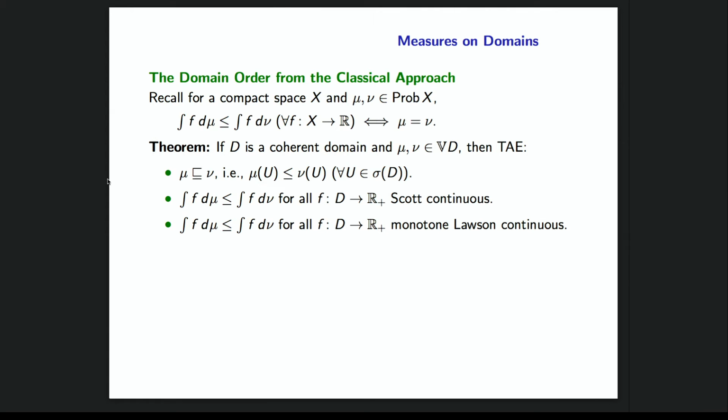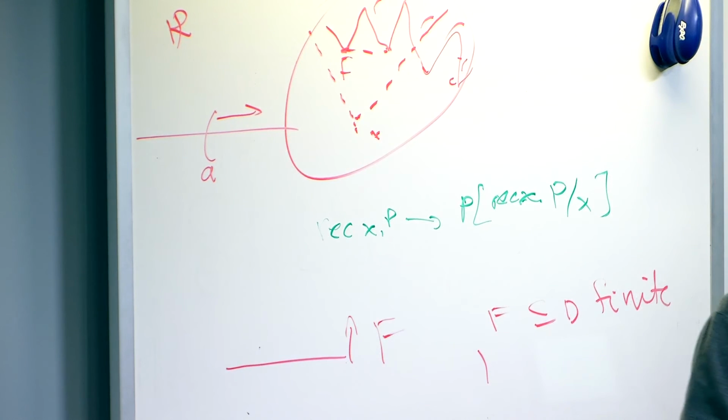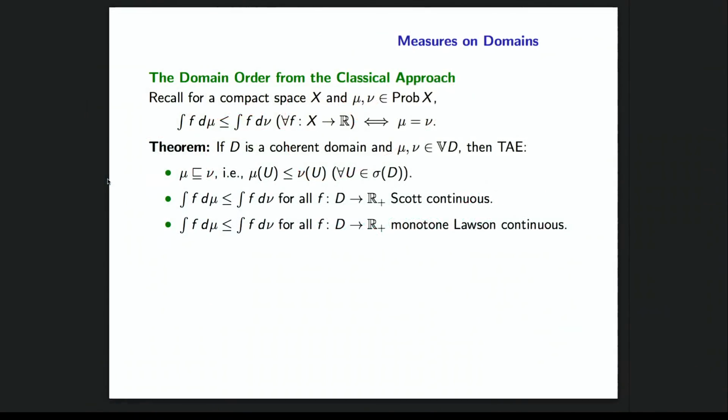Well, on the reals, an open set is a set from a to the right, and that's the Scott topology on that. It's not directed complete, but that's okay. We can still use it. And I can talk about the maps that are Scott continuous. And I can say that the integral of f d mu is less than or equal to the integral of f d nu for any Scott continuous map, and that's equivalent to this condition.